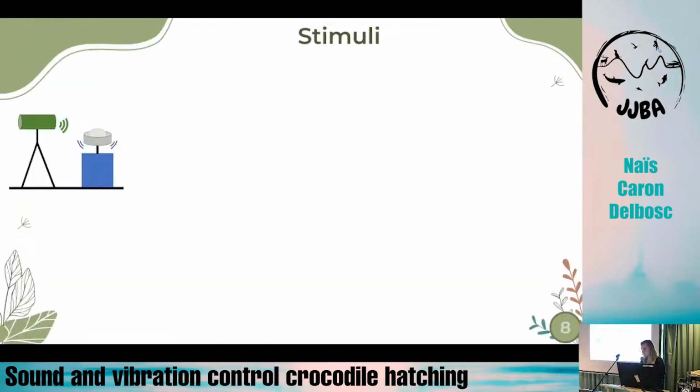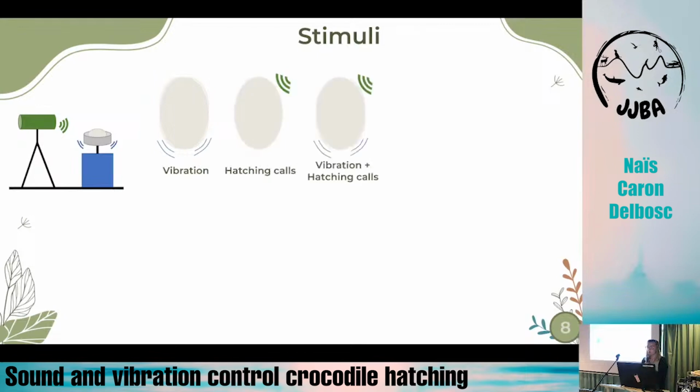So this is the setup. We have here the loudspeaker and the vibratory devices with the egg fixed on a support. And we have 5 different conditions. We have the vibration condition only, the hatching call condition, and the vibration plus hatching call condition to see if we could have a synergistic effect between the 2 stimuli.